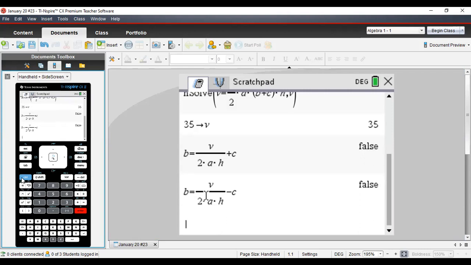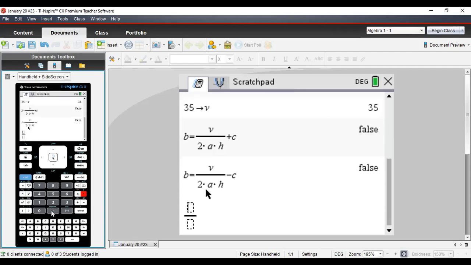So this one, I'm going to do control store, control divide, and then we got 2 times V over A times H, and then we got plus C. Then I press enter.